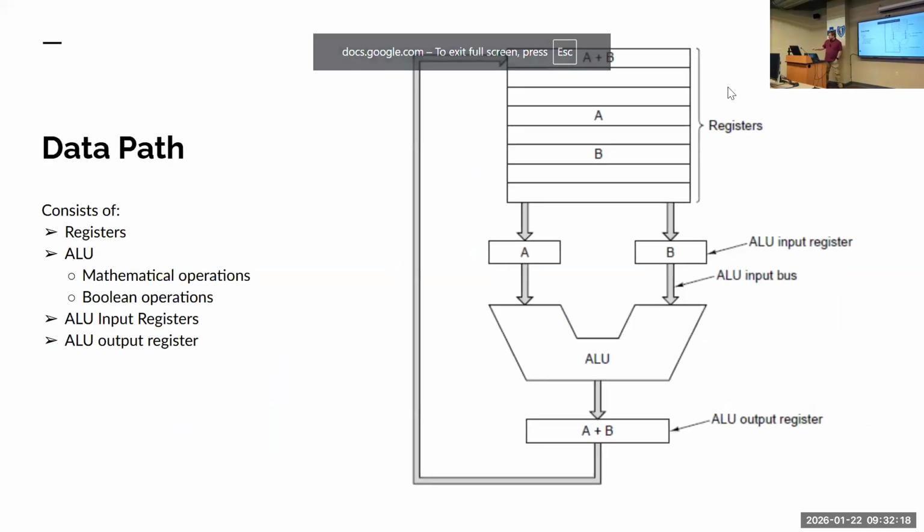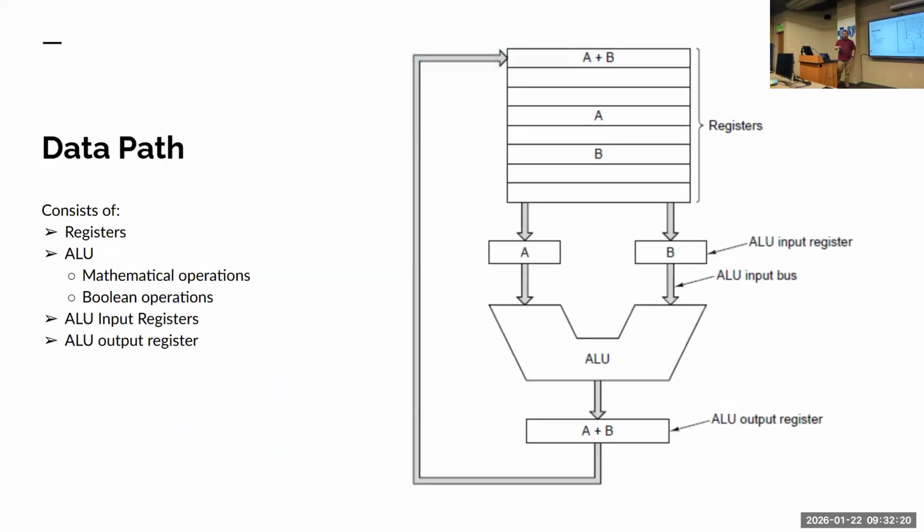Our data path is the path around the computer that the data has to travel, thus the data path. Normally our data is in a register. We won't worry about the memory for now, but it starts out at a register. There's usually a register file, which is a bunch of registers where you can activate certain ones.